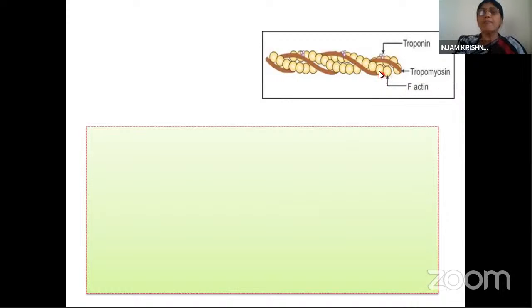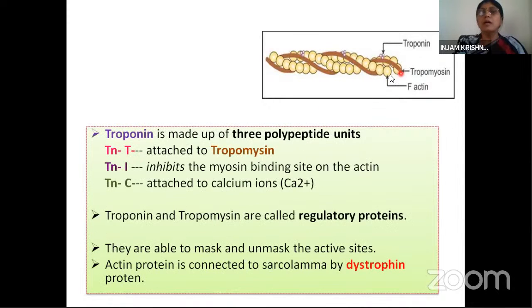This is the F-actin, this is the tropomyosin, and here is the troponin complex. Are you able to see the three ball-like structures?